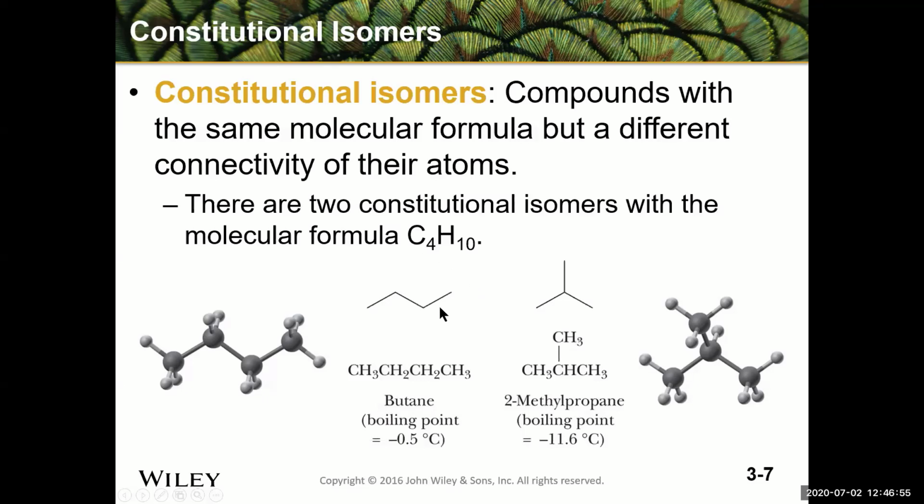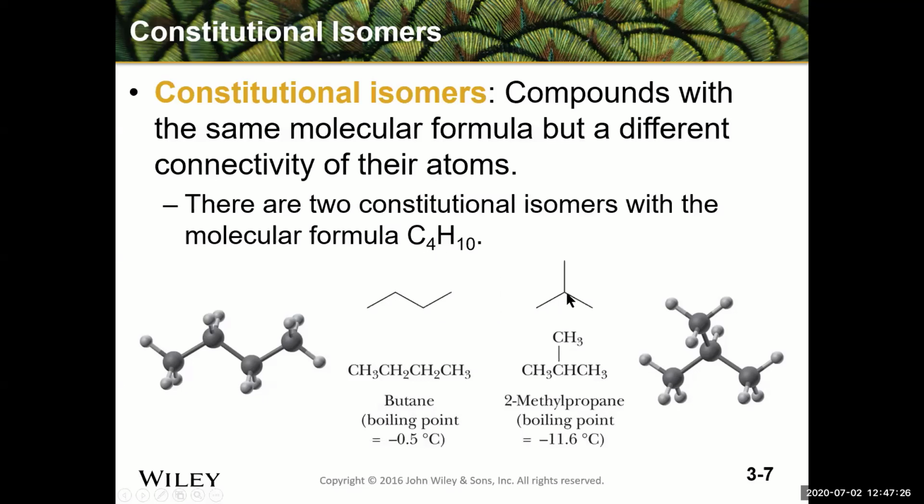So, for example, butane, this is the molecular formula for alkanes with C4H10. Now, you can have an arrangement with this molecular formula where you have a straight chain alkane like this. You have butane here, okay? But you can also have the same formula.